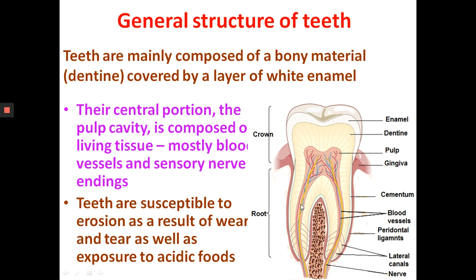These are these yellow nerves. The teeth are used for cutting and grinding, so the tearing away process is there. So they are susceptible to erosion as a result of wear and tear, as well as exposure to acidic foods. So when this enamel or dentine is worn away, you will feel a sour taste on the teeth.